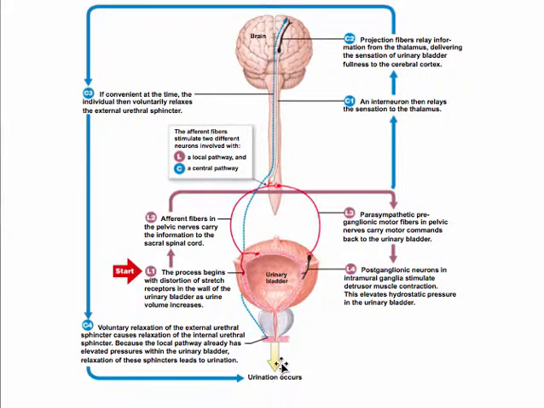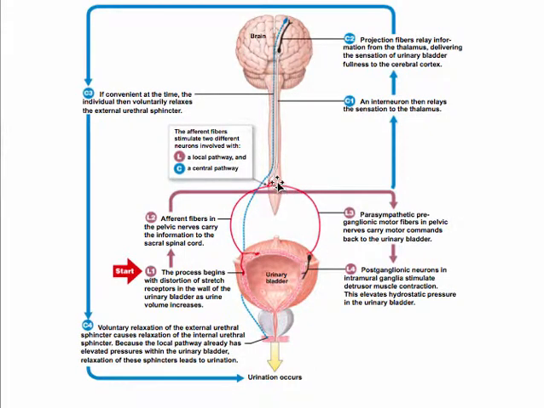So here we can see the reflex in action. As the urinary bladder fills, we're going to pick up stretch on mechanoreceptors. That's going to alert the spine, so it's part of the central nervous system. It alerts the spine, and the spine is going to start to contract the detrusor muscle in the bladder.